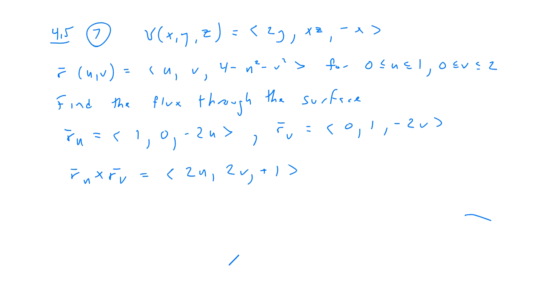And then I need to put the parameterization into the vector field v. So 2y, x, and then minus x.